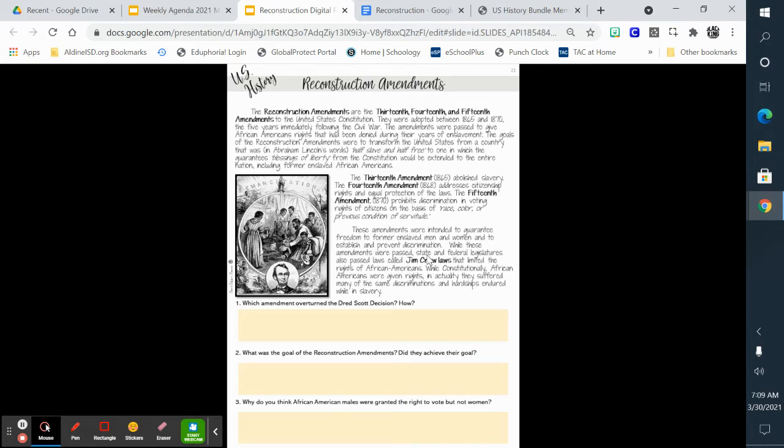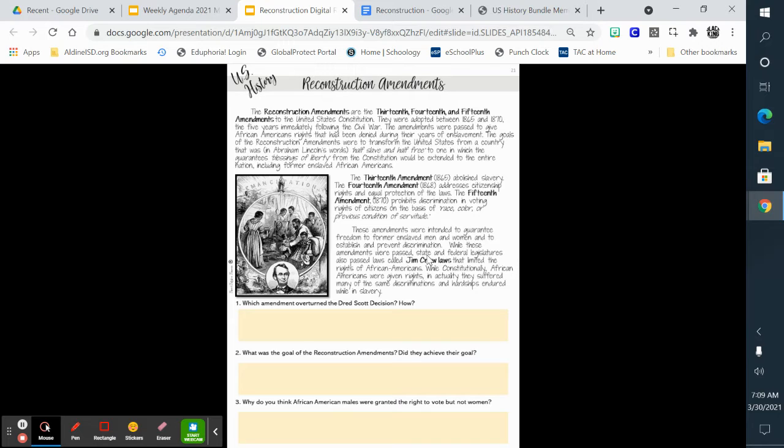The goals of the Reconstruction Amendments were to transform the United States from a country that was half slave and half free, in the words of Lincoln, to one in which the guarantees or blessings of liberty from the Constitution would be extended to the entire nation, including formerly enslaved Americans.